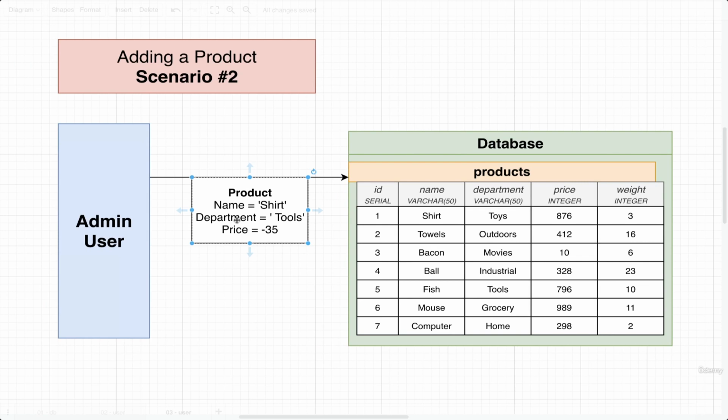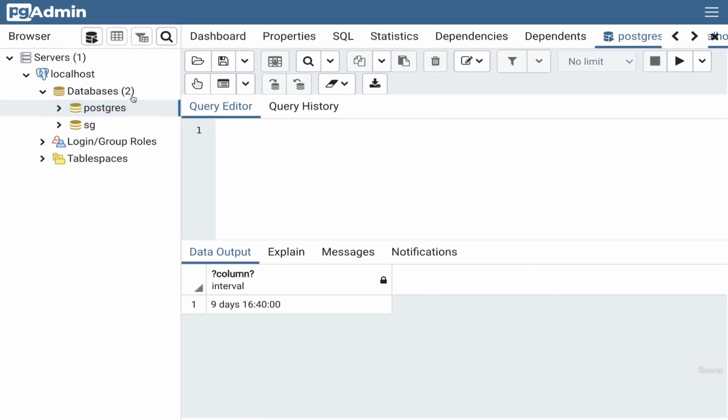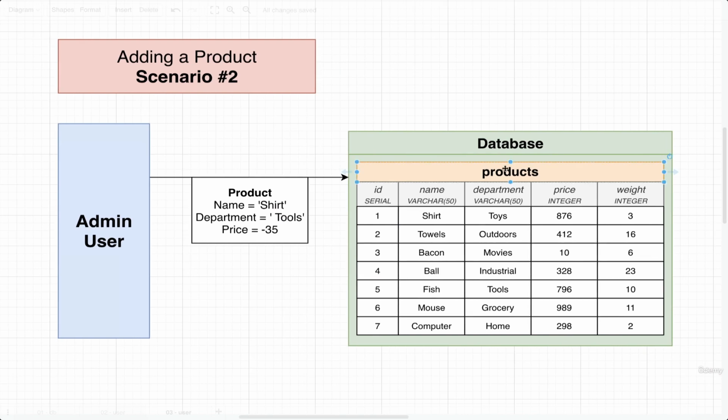So what would happen now if a user tried to submit or add some kind of invalid product to the products table? Well, in this case, right now, we don't really have any validation anywhere. Not only, well, in our database, we haven't even really created one with our local Postgres installation yet, but even as we've been talking about our products table throughout the course, there was no validation inside there whatsoever.